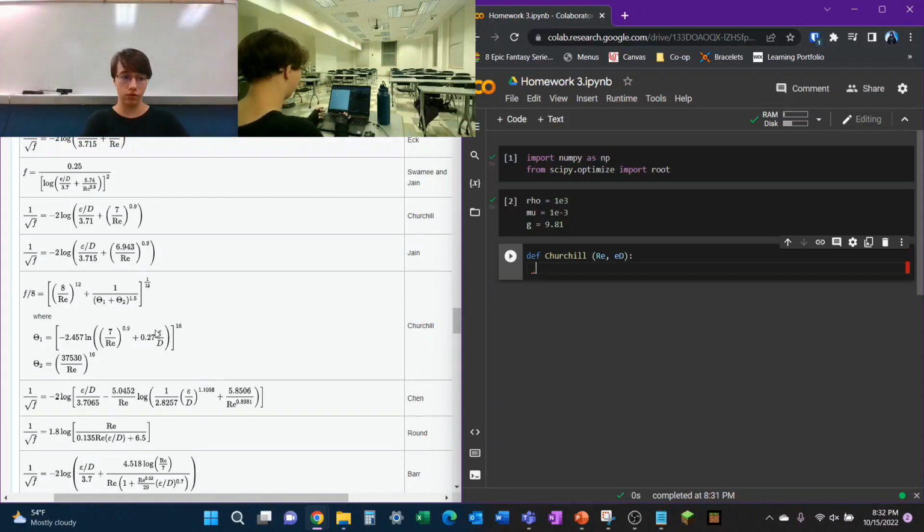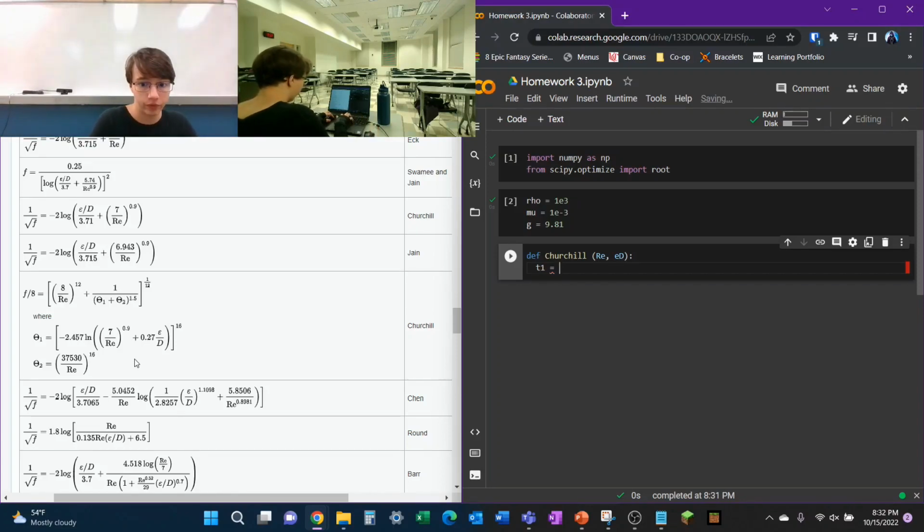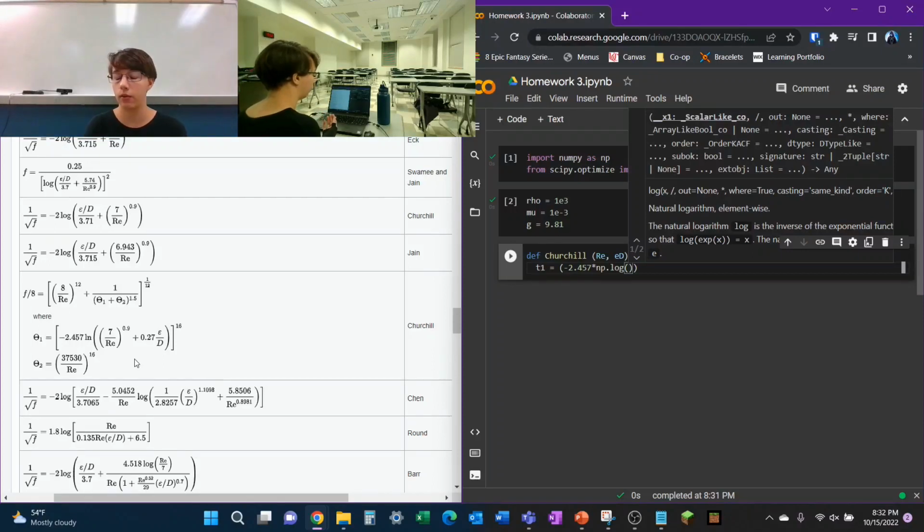Within this function we now need to define theta 1 and theta 2. So theta 1 is this equation here. It's going to be parentheses, negative 2.457 times np.log. We just need to do log because Python will default to a natural log instead of a log base 10. So that's fine.